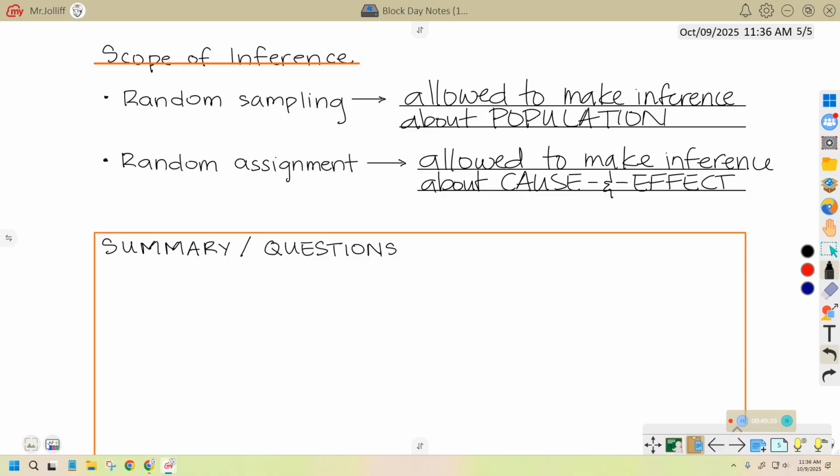In medical experiments, sometimes that first one is difficult. So oftentimes, when it involves medical treatments or medical procedures, we only have the second one. Meaning we know that A causes B, we're not 100% sure that it's going to work for everyone in the population.